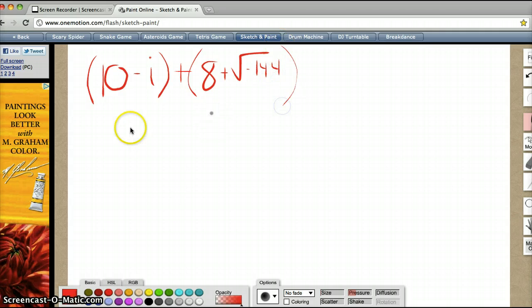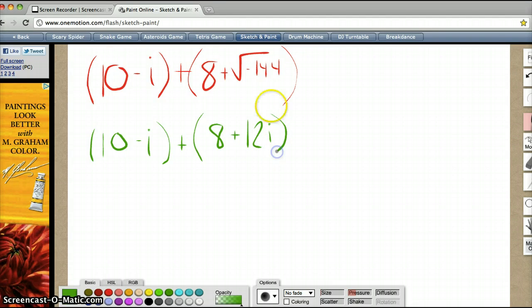Okay? Now, what you're going to do is this negative square root of 144 is actually going to be, the square root of 144 is 12, and it's going to be 12i because you've got this negative under here. So it's going to be 10 minus i plus 8 plus 12i.